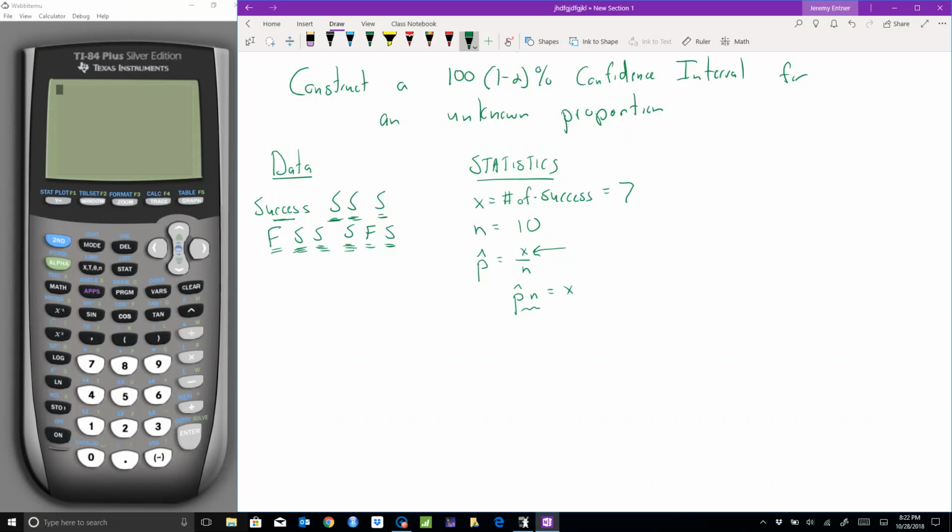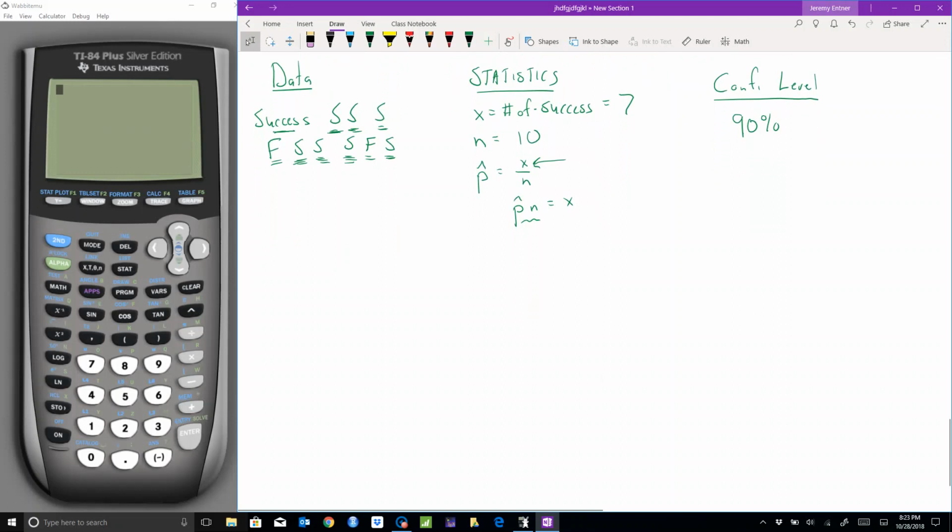But you'll be given one of these two pieces of information, and then you'll be told what kind of confidence interval to make, and that's where you'll be given the confidence level. And we'll suppose that we're going to make a 90% confidence level. Right? And the way you're going to go about making a 90% confidence interval for a proportion is you're going to have to compute several numbers.